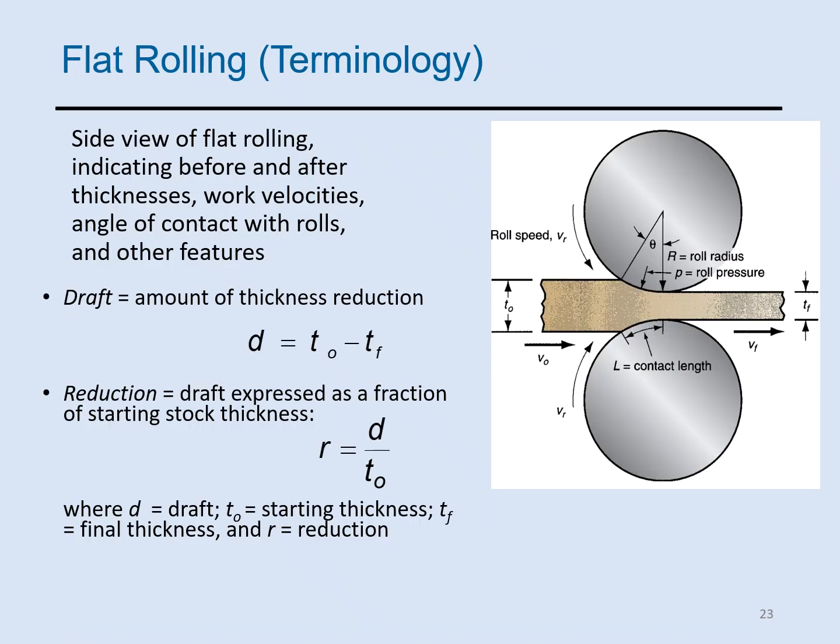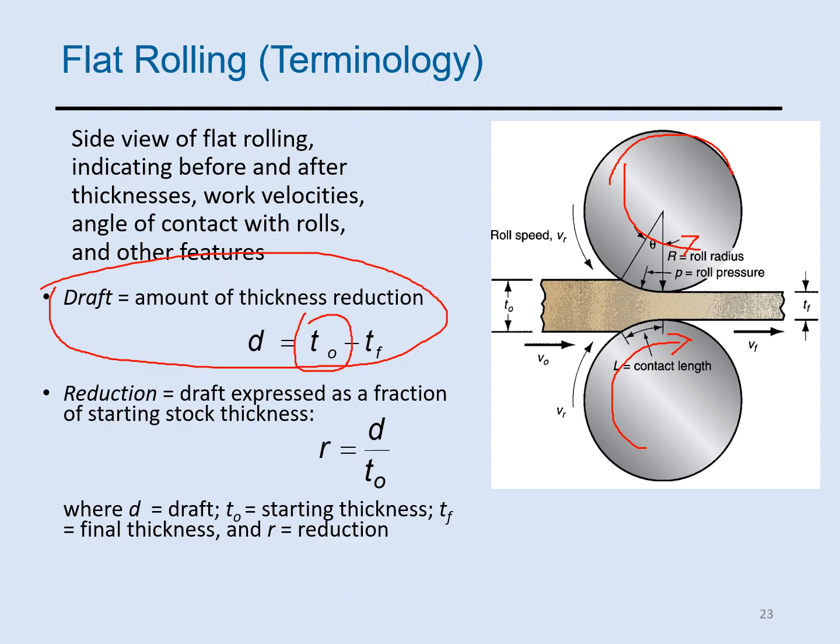There are some terms related to flat rolling process. As you see in this picture, we have two rollers. This one is rotating this way, and this one is rotating clockwise. And there is a term called draft. The draft is the amount of thickness reduction that can be calculated by initial thickness and the final thickness.